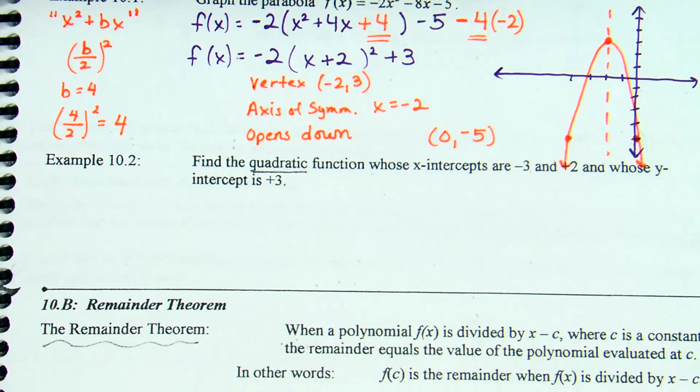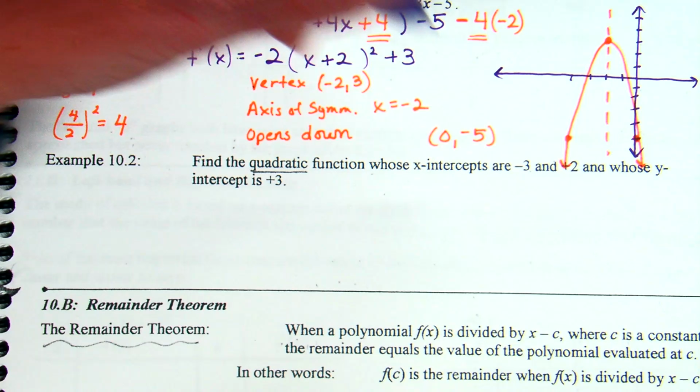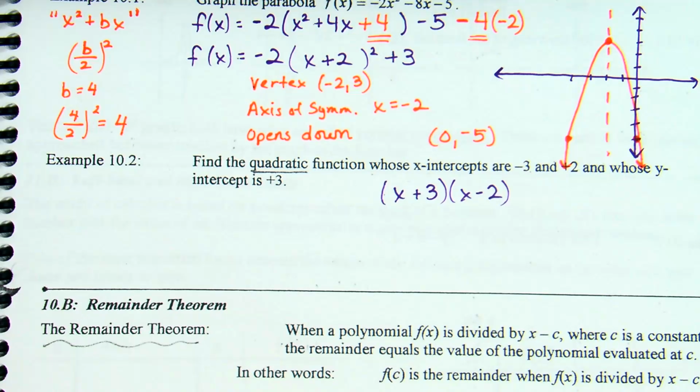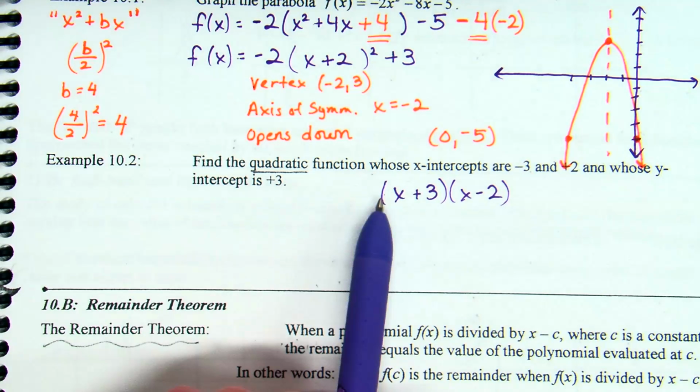So if we go with the idea that these x-intercepts are like zeros, aren't they? And they come from the parentheses of x plus 3 and x minus 2, right? And when you multiply those together, yes, you would get it to standard form. But here's the deal. Is there an a value?